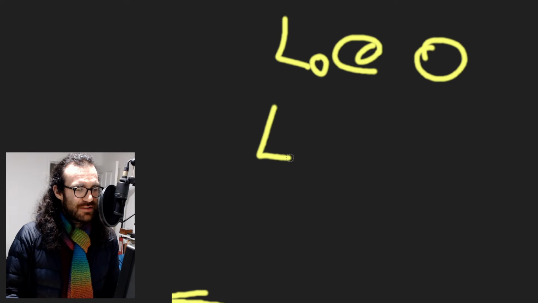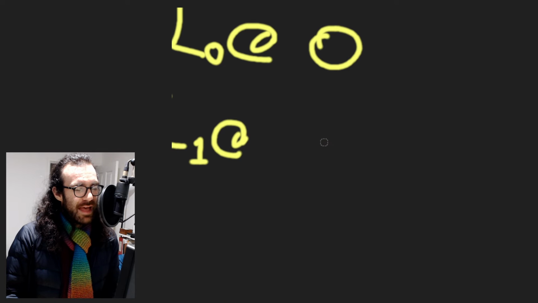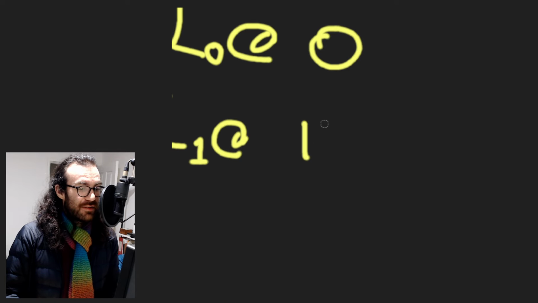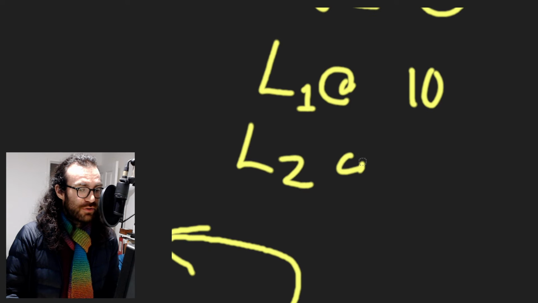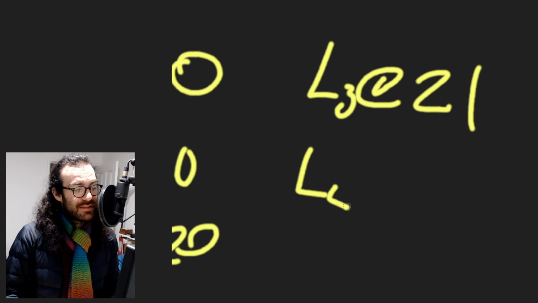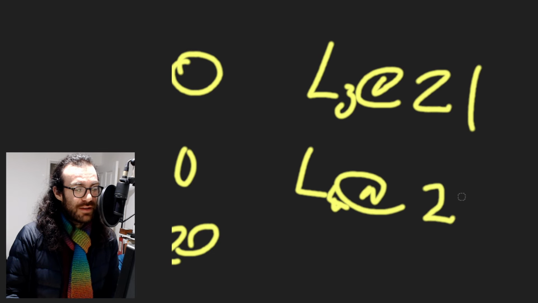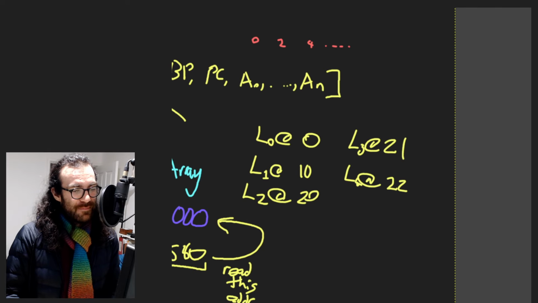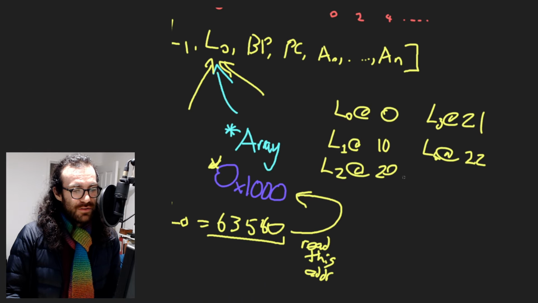Local 0 is always at 0. Local 1 could be at 10. Local 2 could be at 20. Local 3 could be at 21, only if it's 1 byte in size, and local 4 could be at 22, only if this one's 1 byte in size, and this one's 1 byte in size.